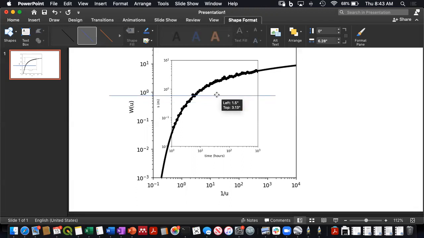See right there, it's on a tick mark on both scales. It's on a tick mark there and a tick mark there. That is a place where it's easy for me to know exactly what the value is on both scales.